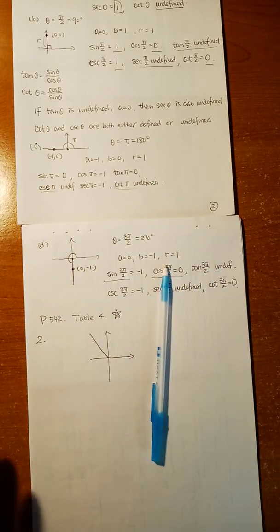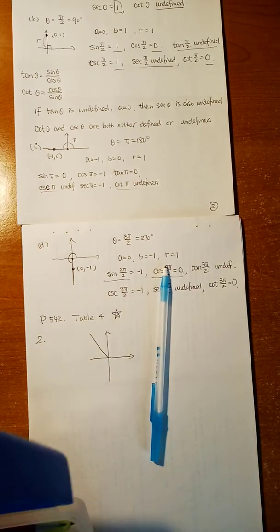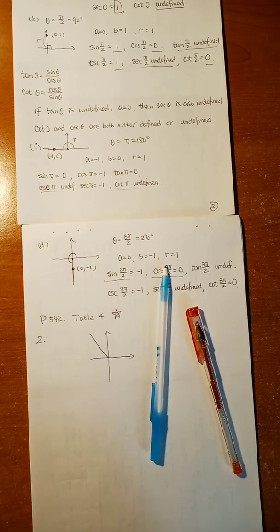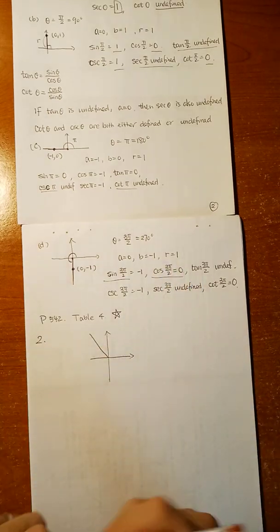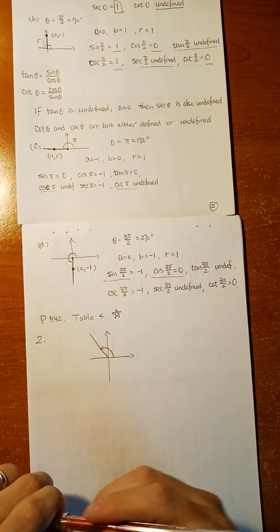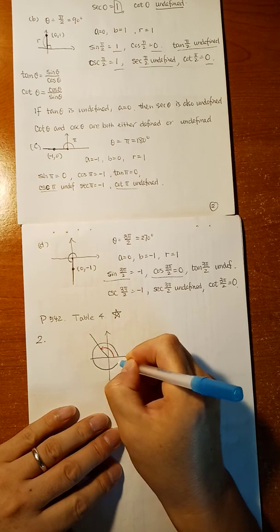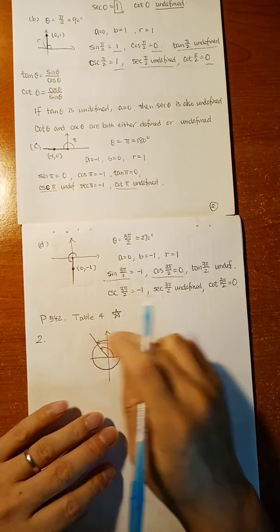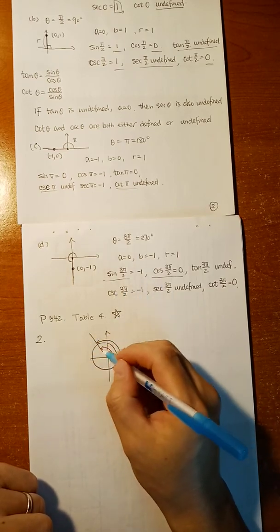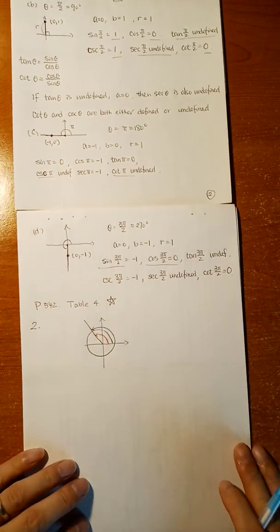Possibly your angle is like this, or your angle is like this. These two are different angles. You can see clearly this black angle is bigger than this red angle, but they share the same terminal side.